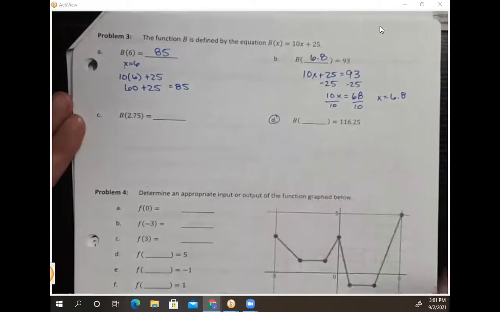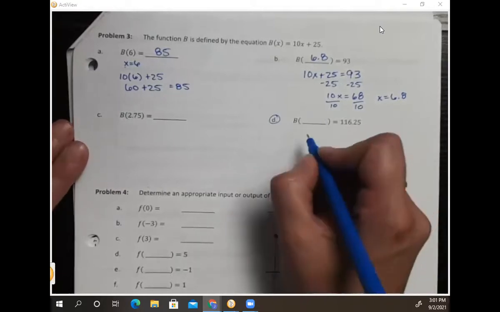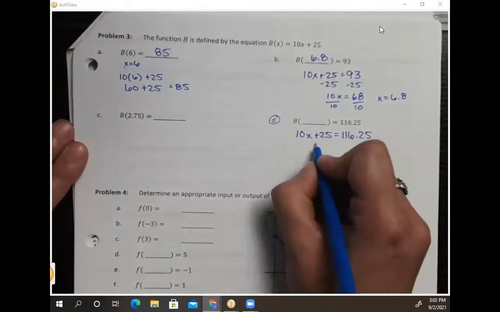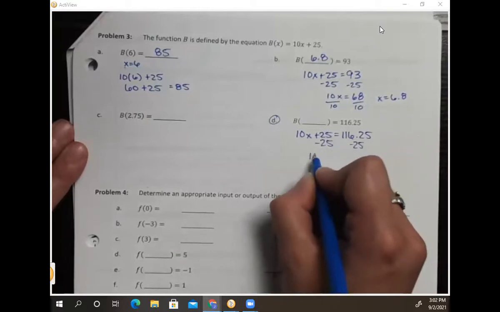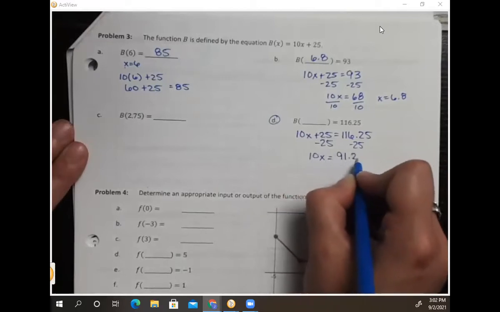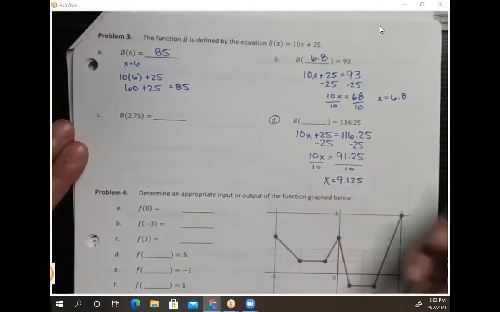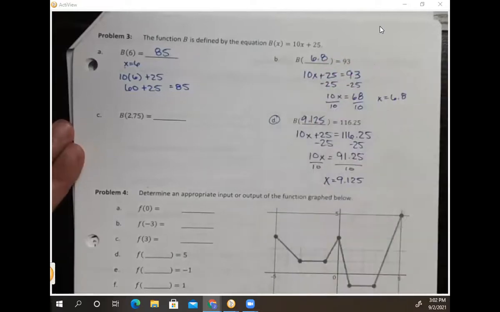You guys try D. Try D. Check your work when you're finished.